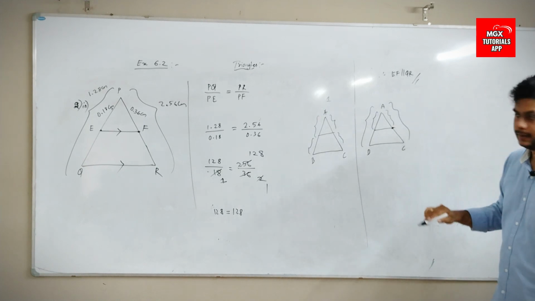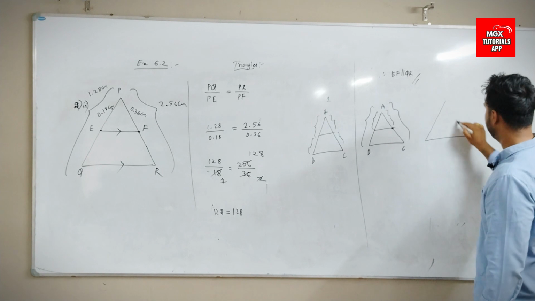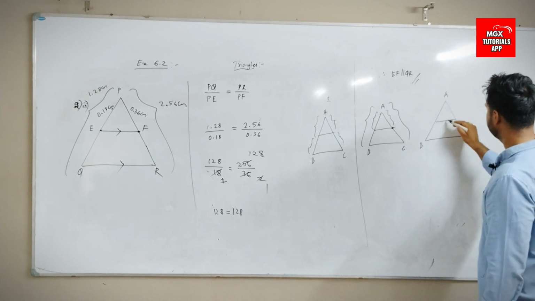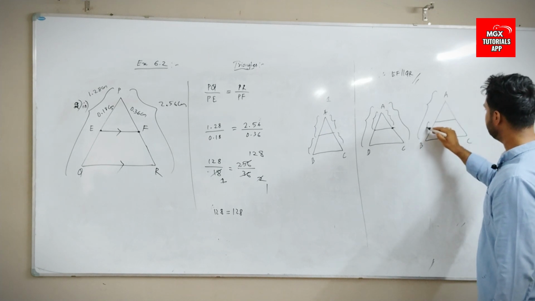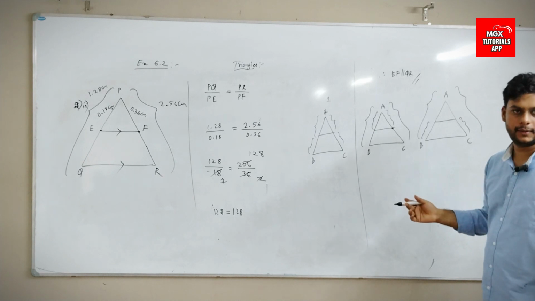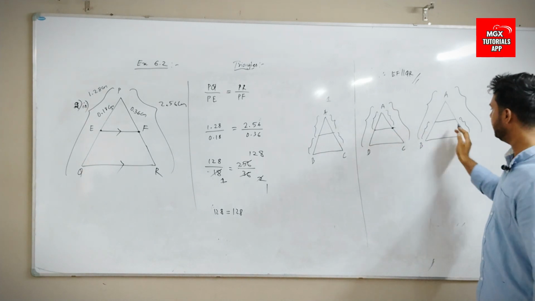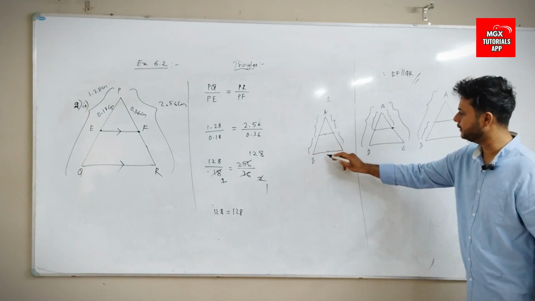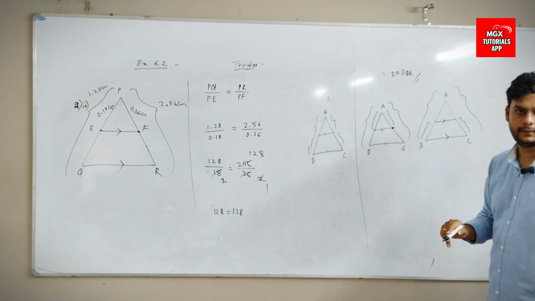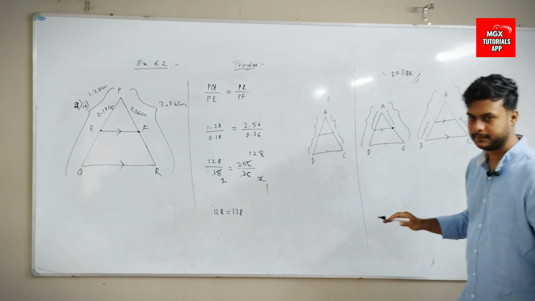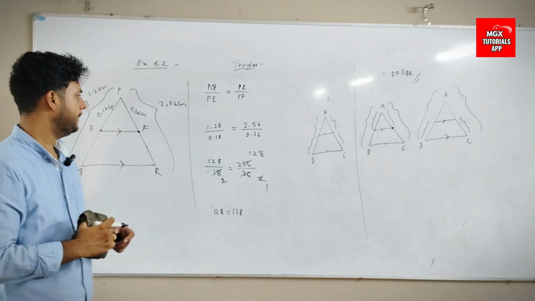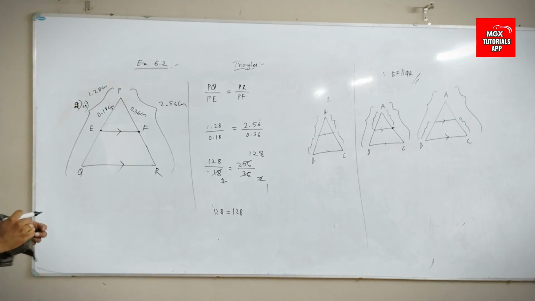Third one, this whole thing by this whole thing by this. They are all different kinds of BPTs. This will also work. If these things are happening, then this is parallel to this. Any doubts? Okay.